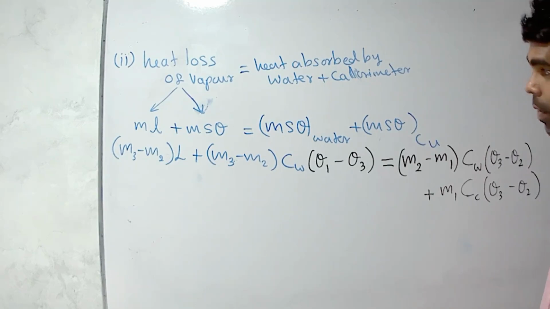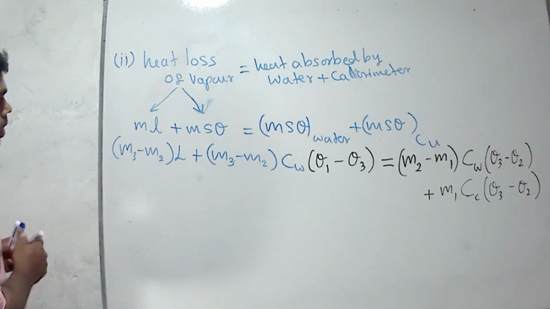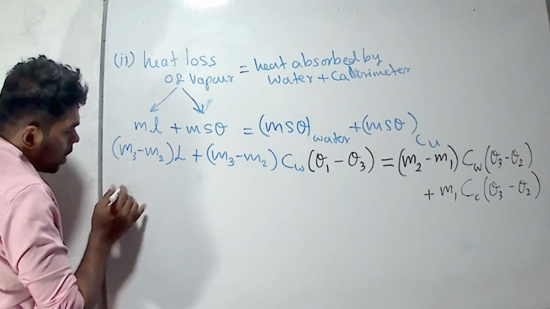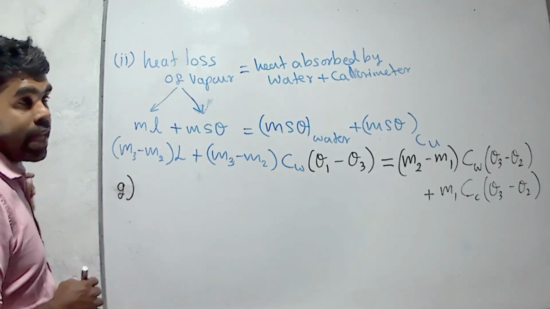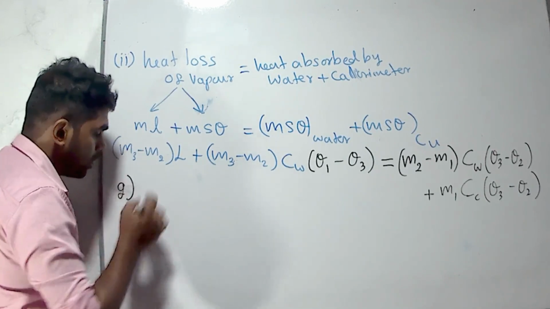It means we can start the practical from a temperature which is about 5 degrees less than the surrounding temperature.